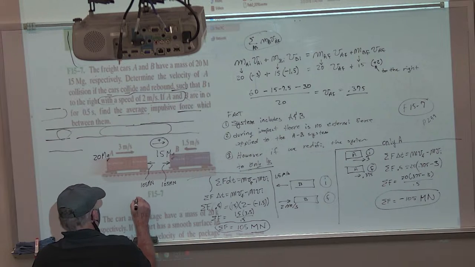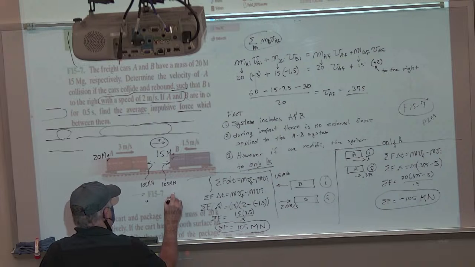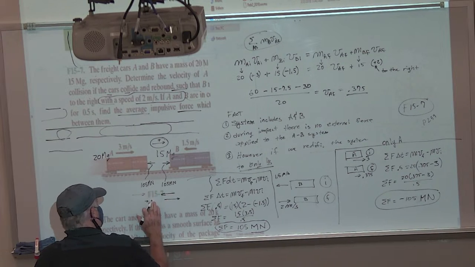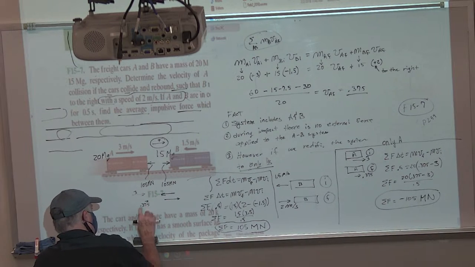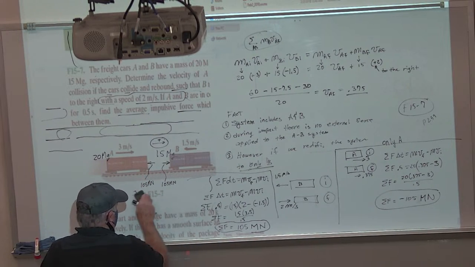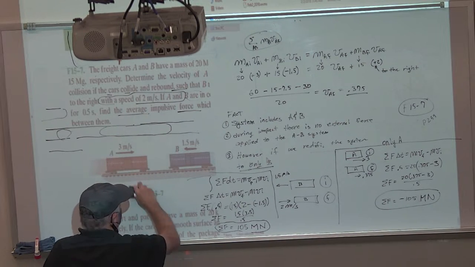So A is going this fast, after impact it's going this way. B, on the other hand, is going this way, after impact it's going that way. So you took the velocity of 3 here, and you brought it to 0.375. You slowed it down. You obviously had to push to the left to slow this one down. So the answers make sense. The signs make sense.